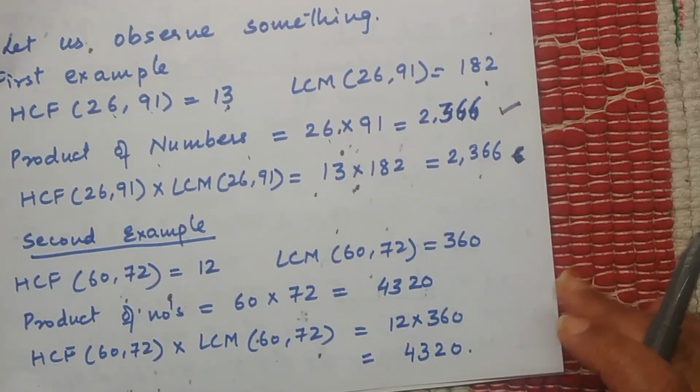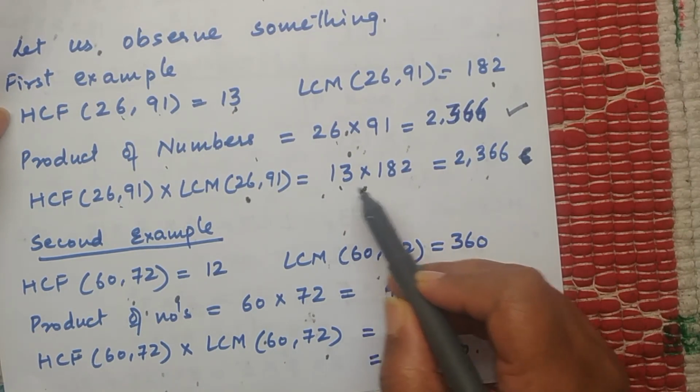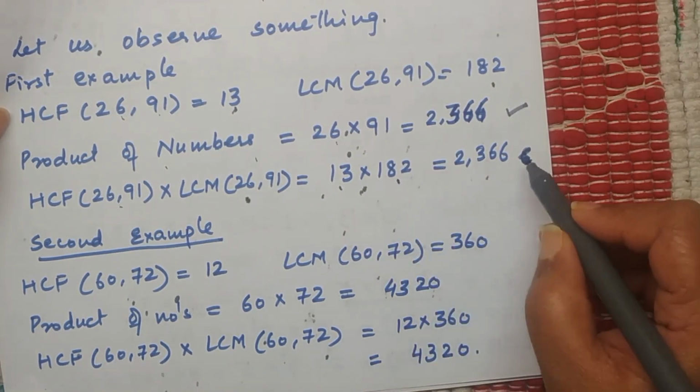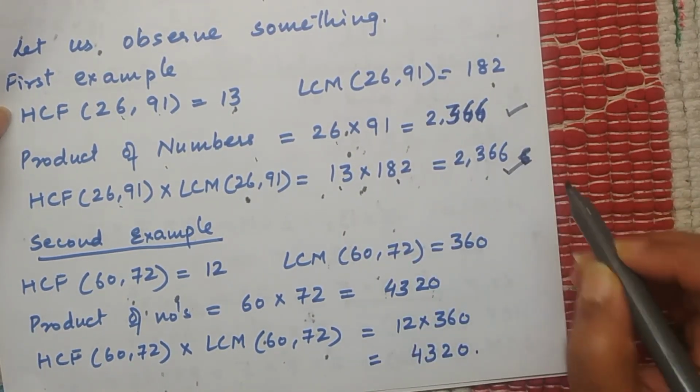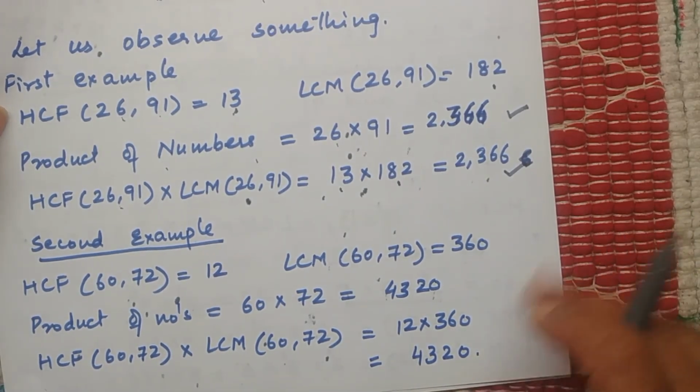And if I find the product of HCF and LCM of these two numbers, I get 13 into 182, which again comes out to be 2366.